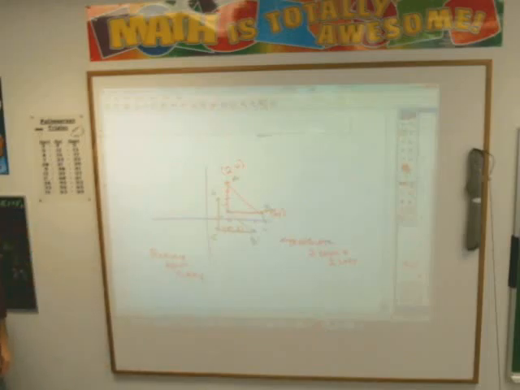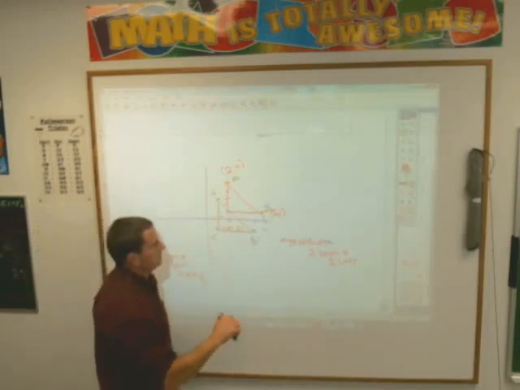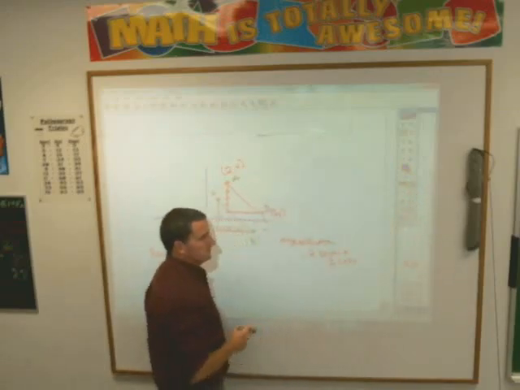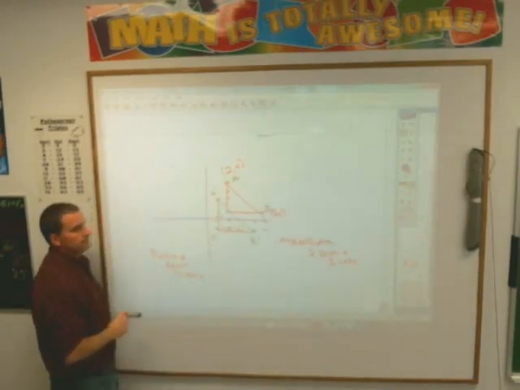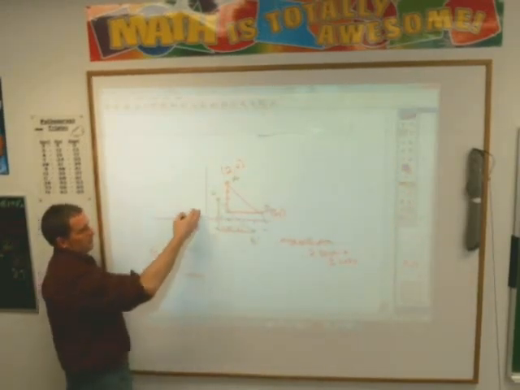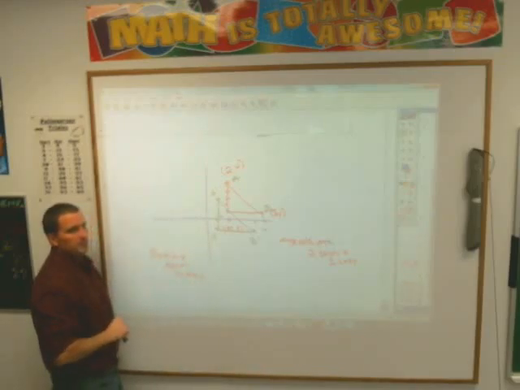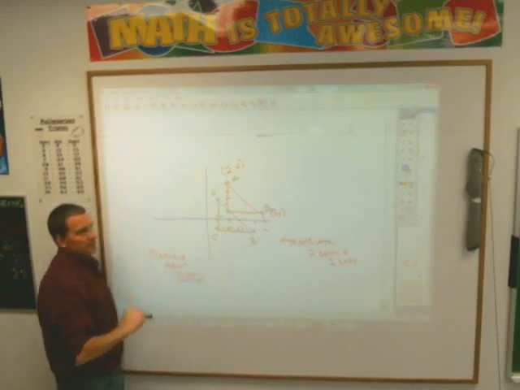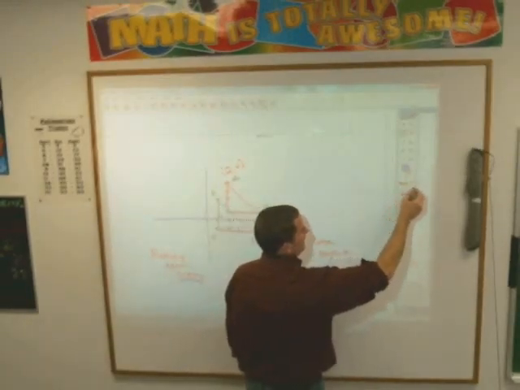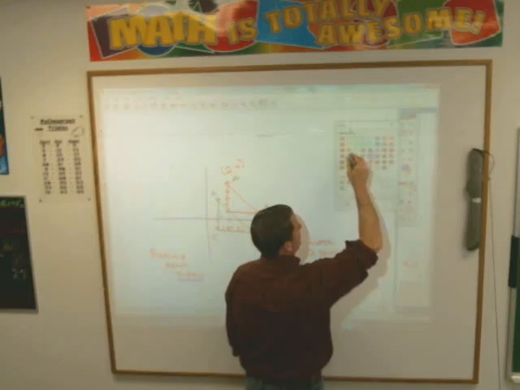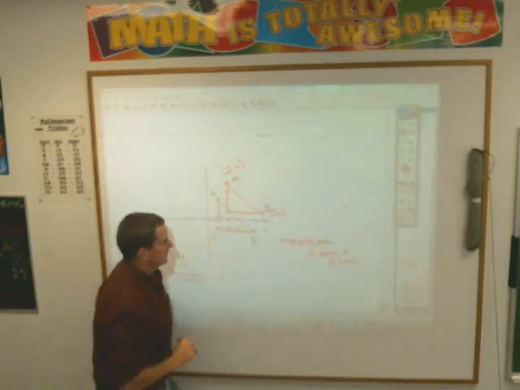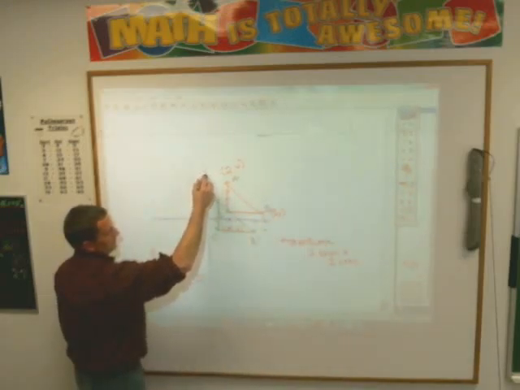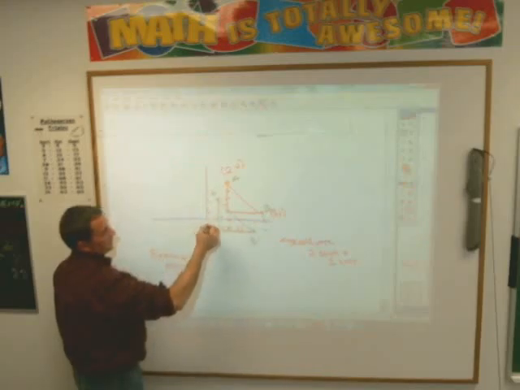Thoughts, anybody? Christian? Would you put it on the other side? Well, it ends up being on this other side, but if you're reflecting it, the key is what are you reflecting it around? You're reflecting it around the y-axis. That means the y-axis is your folding point.